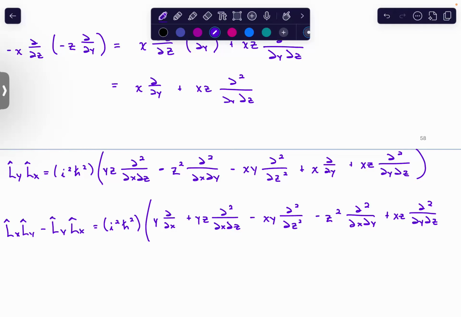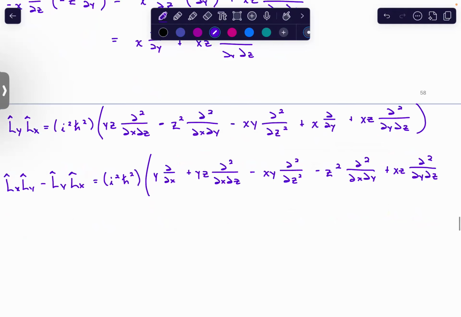Now we're going to take all these terms from Ly and Lx and subtract them. That's going to give me minus, well, let's make sure I put it in. Minus YZ. It's basically going to change all the signs on those terms in Ly, Lx.